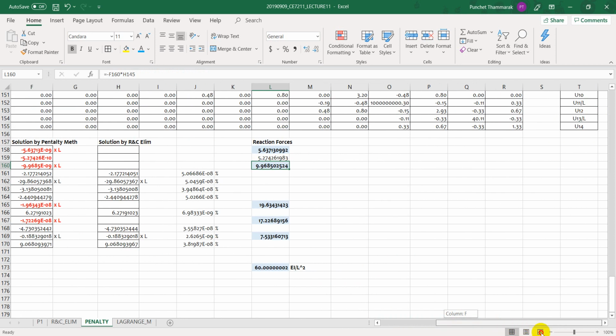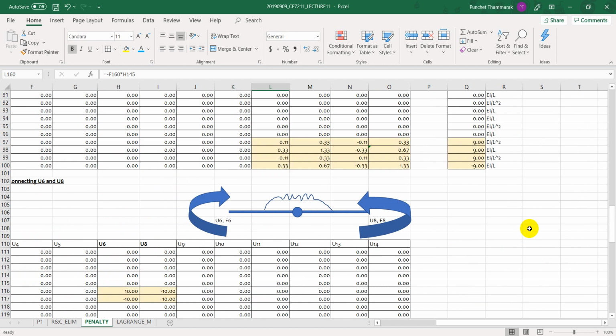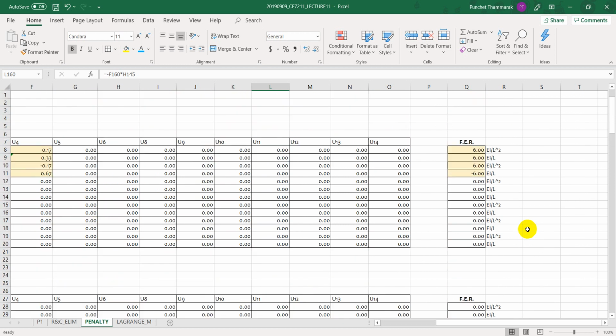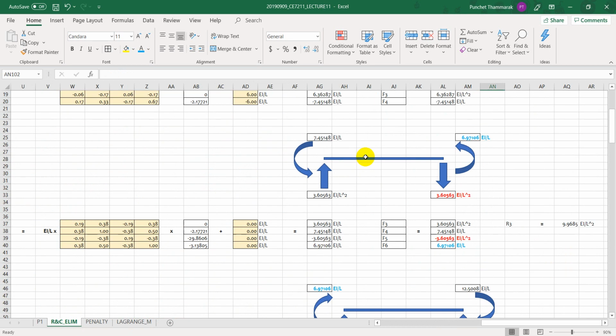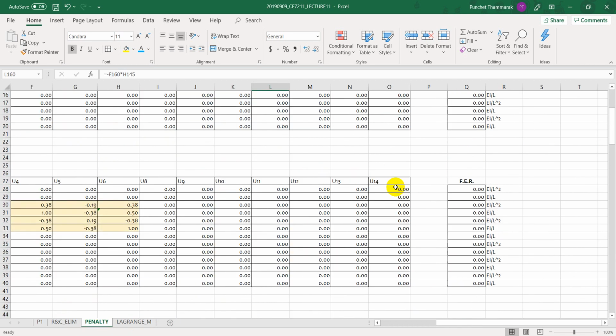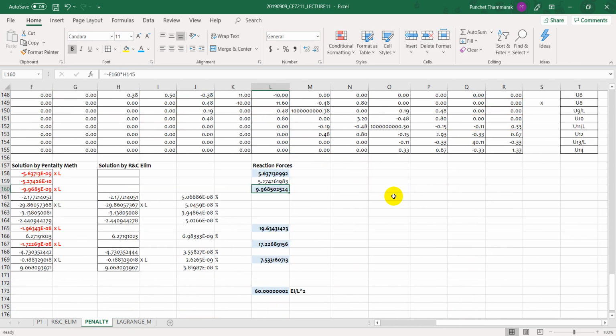We cover pretty much everything already. You can try, you can do it. So follow these procedures, you will end up with pretty much the same thing. Minor difference, as you can see that we had some error of part per million by using the penalty spring.